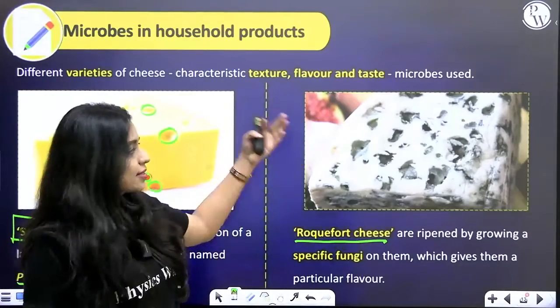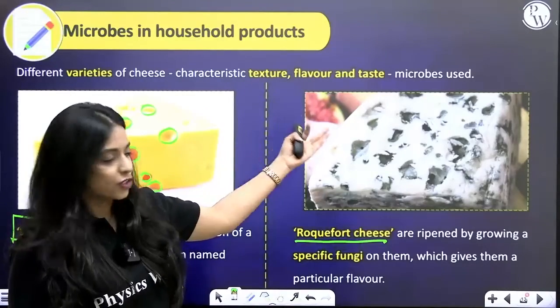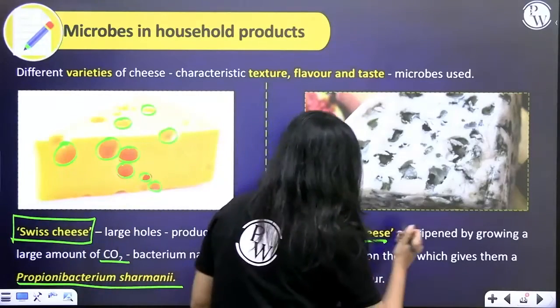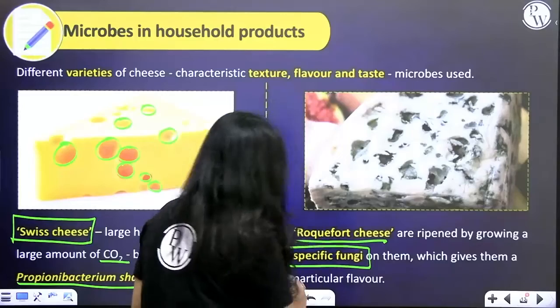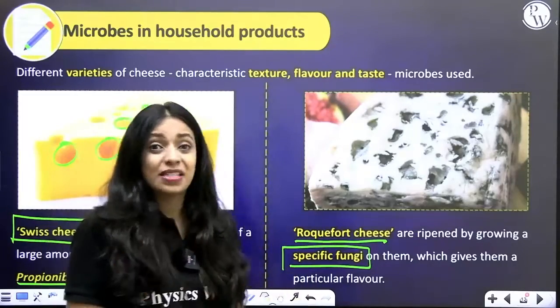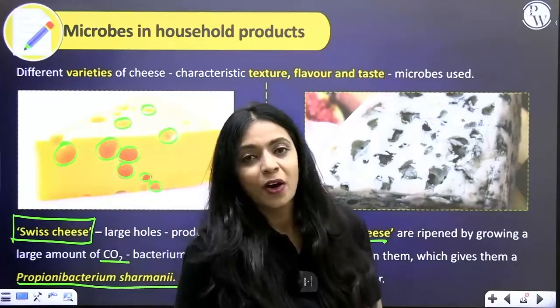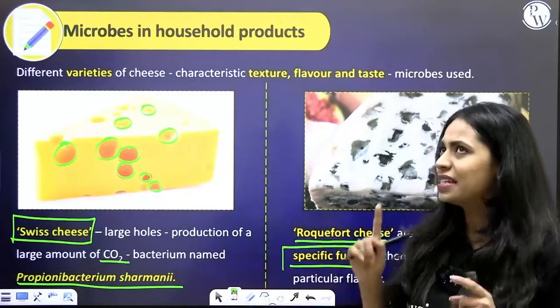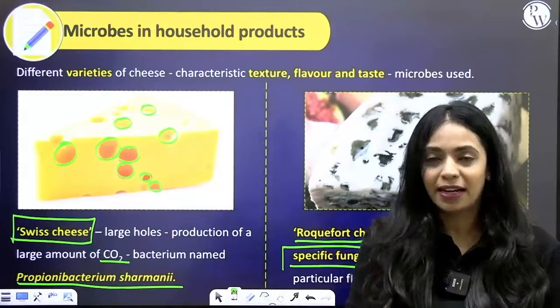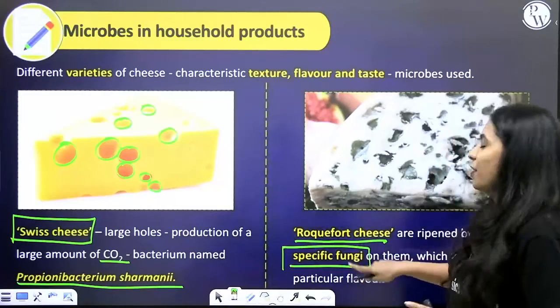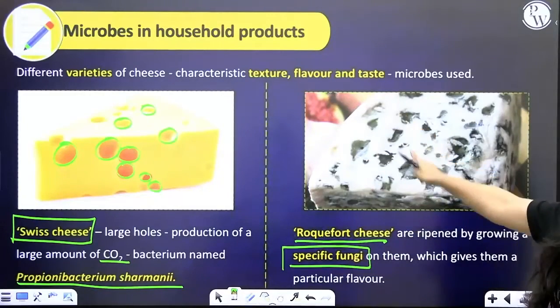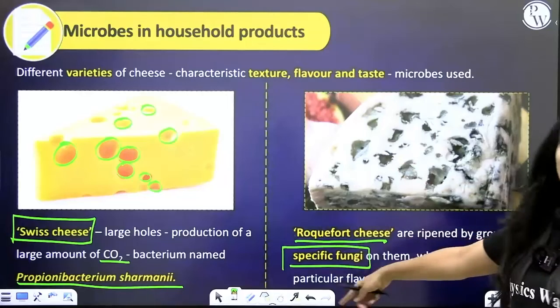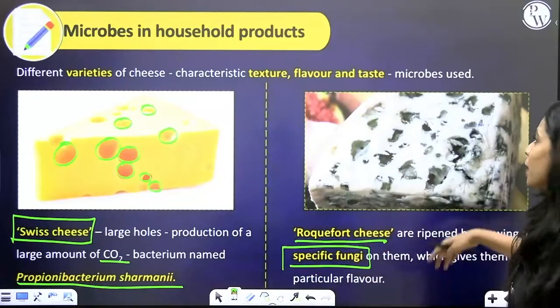This kind of cheese is ripened by growing a specific type of fungus which gives it a particular flavor. That fungus is, I think, Penicillium roqueforti. That is the scientific name of this specific fungus. The name of this fungus is not given in NCERT, so you need not bother.